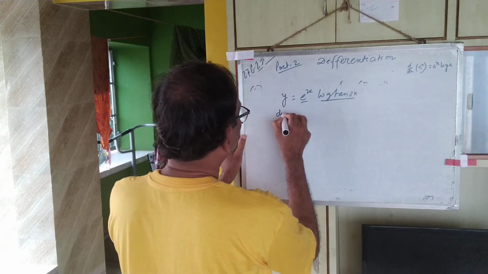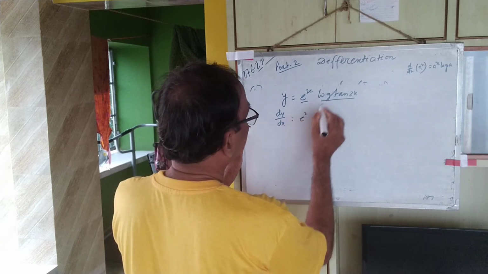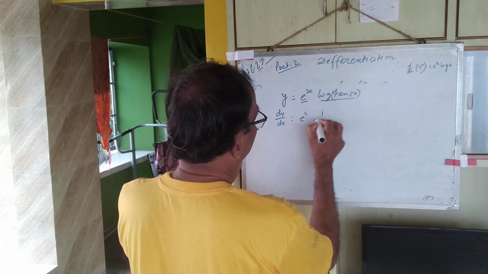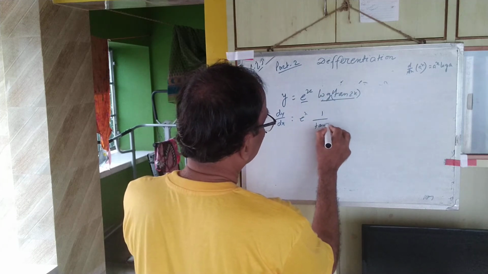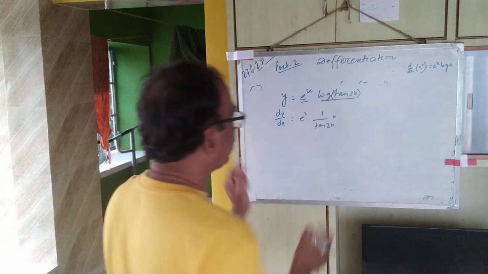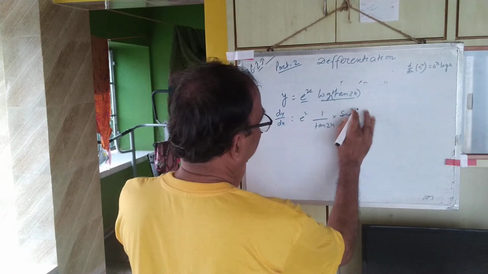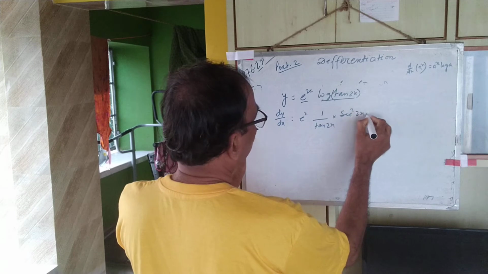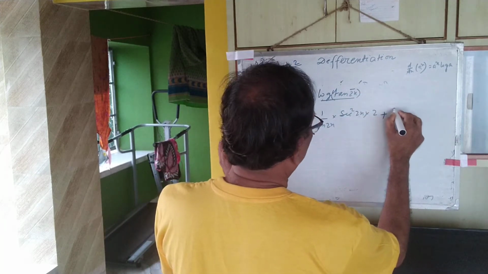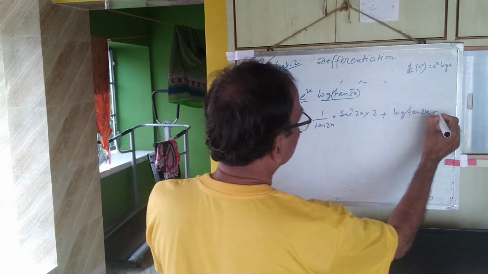Differentiating with respect to x: dy/dx, e to the power x constant, log tan 2x treated as log x has derivative 1 by tan 2x, into the derivative of tan 2x by the chain rule, sec squared 2x, into 2.